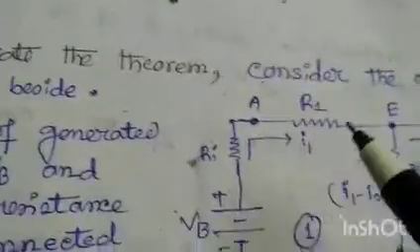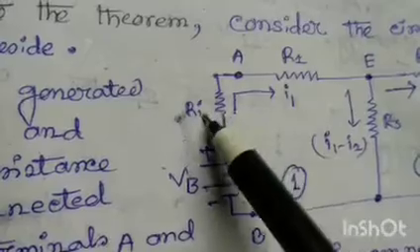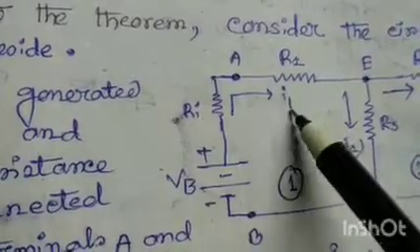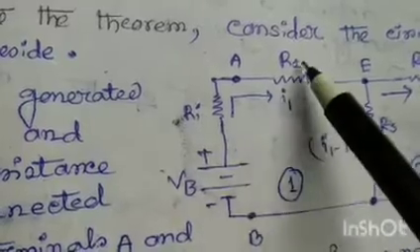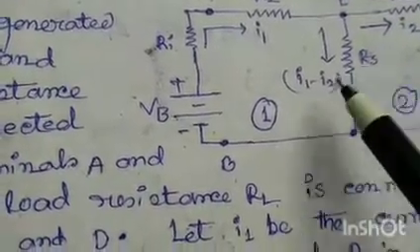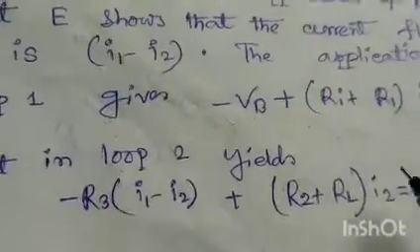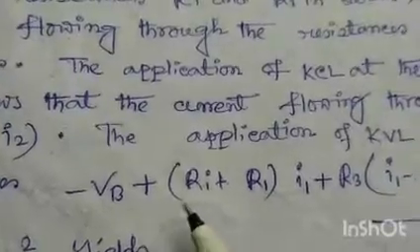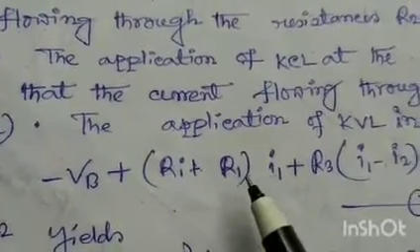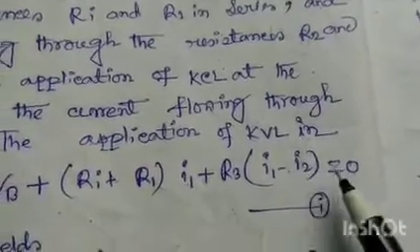So that is voltage drop, total resistance R1 plus Ri, and current is I1. So voltage drop is I1 into Ri plus R1. Similarly, in the resistance R3, voltage drop is R3 into I1 minus I2. So applying KVL law, we get minus Vb plus Ri plus R1 into I1 plus R3 into I1 minus I2 equals 0.